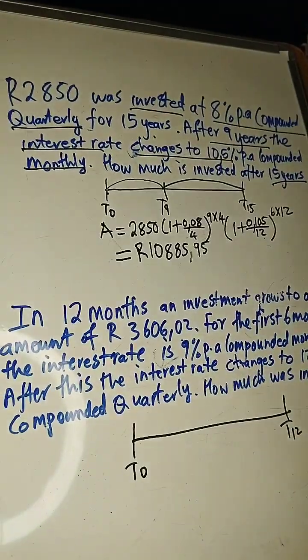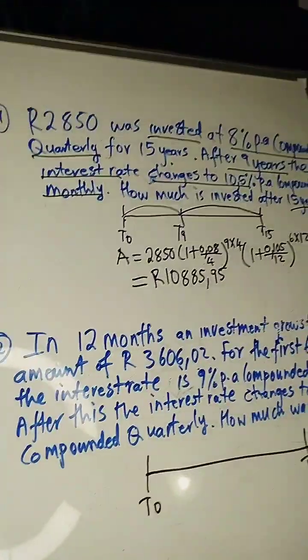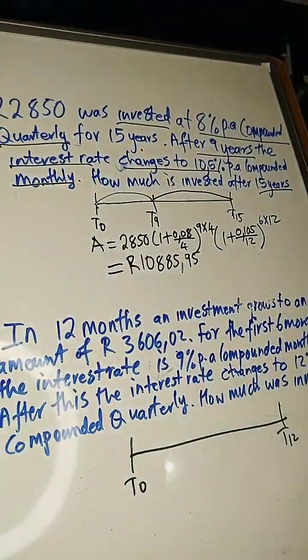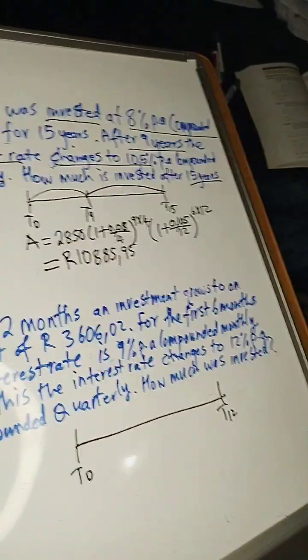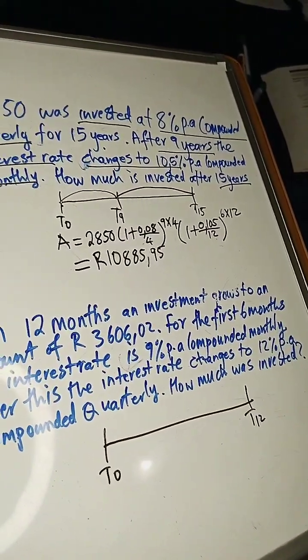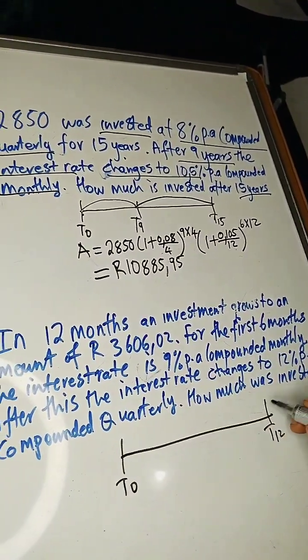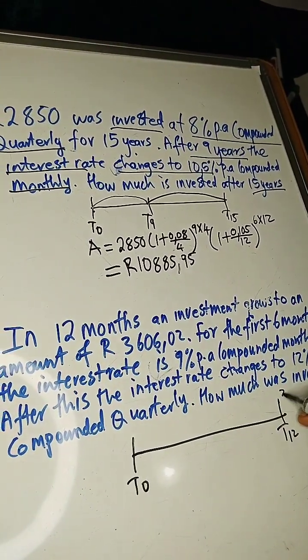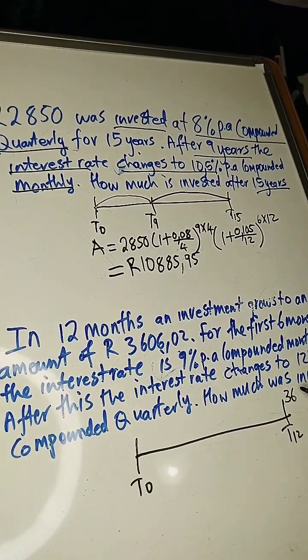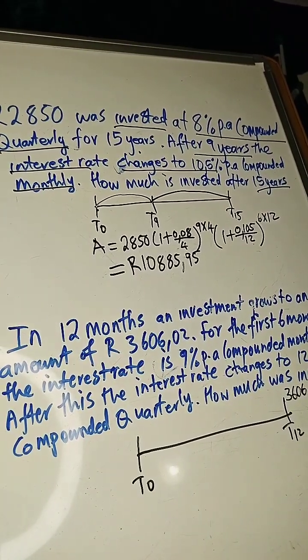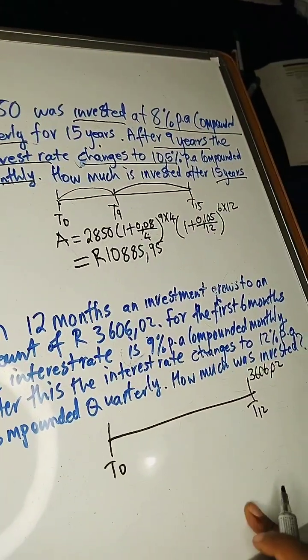The invested amount is unknown, so we are looking for P. For the first 6 months, they said here it accumulated to 3,606.02.